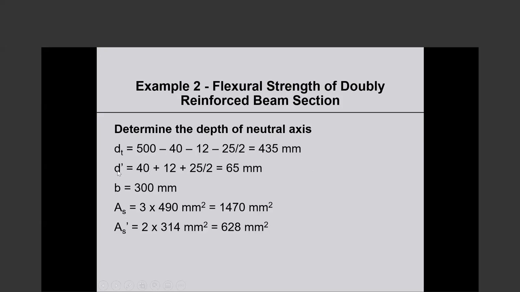D prime, the distance from the top to the centroid of the compression reinforcement, is the clear cover of 40 millimeters plus the stirrup diameter plus half the diameter of the compression bar. This is another mistake. The compression bar is 20 millimeters, so that should have been 20 by 2.